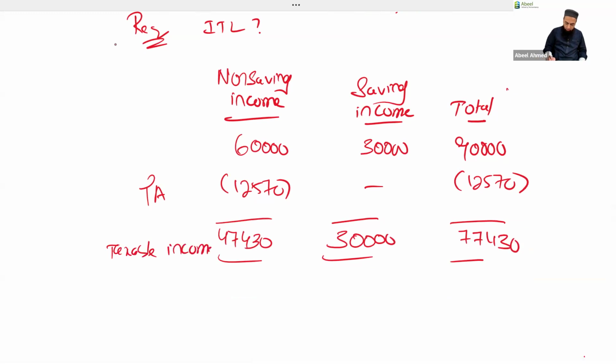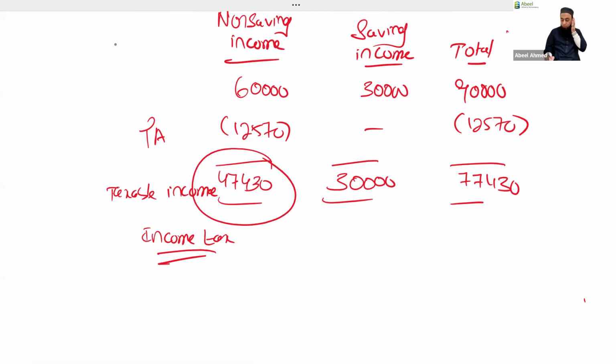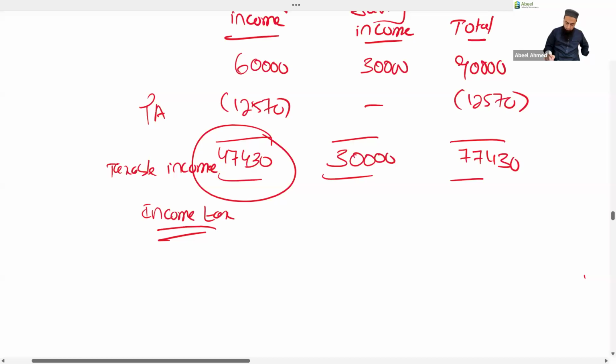Obviously, first you have to apply income tax rates on non-saving income. You can see that taxable income is even more than the basic rate band in the column of non-saving. So the entire 37,700 will be utilized at the rate of 20%.